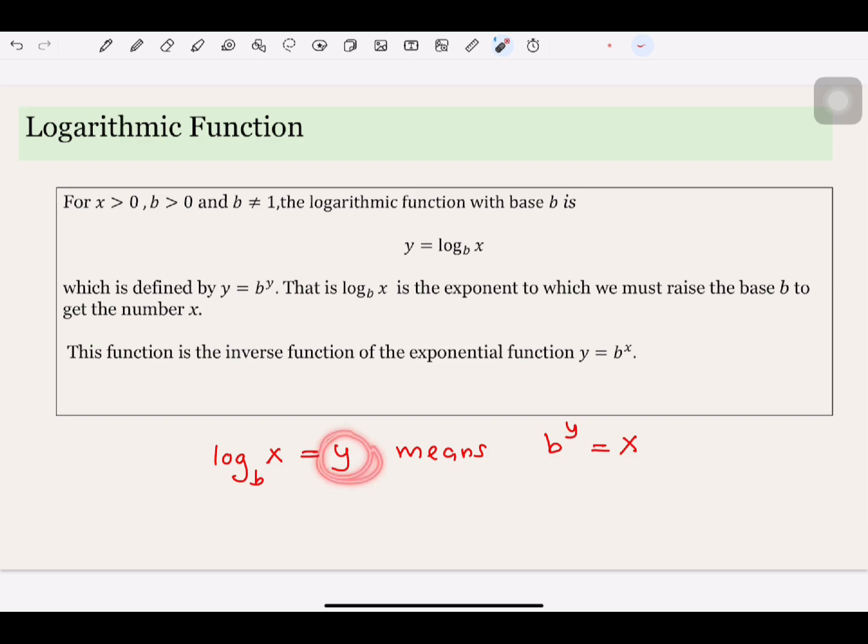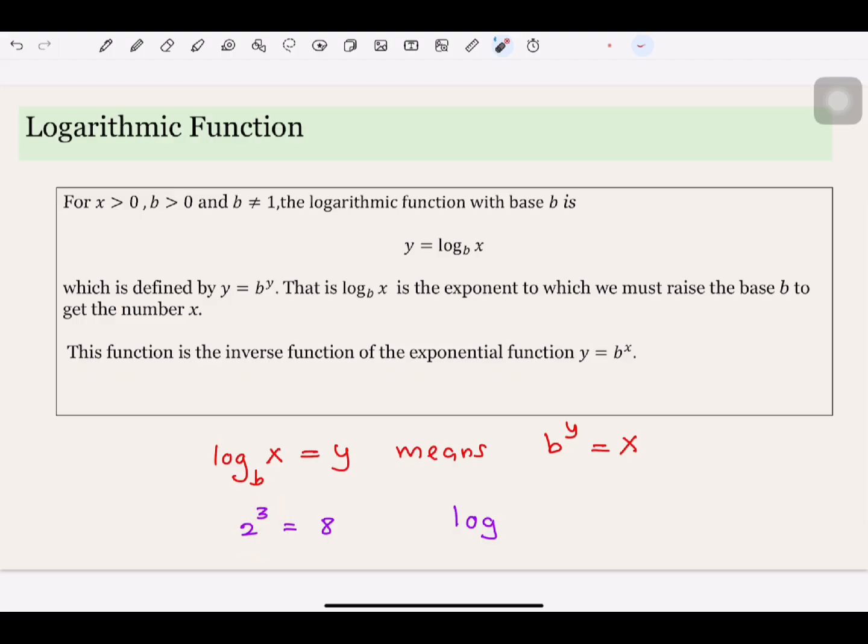For example, we already know 2 to the power 3 is equal to 8. If you're asked to write this in logarithmic form, you write your log first and then you write your base. In this expression, 2 is the base and 3 is the exponent.